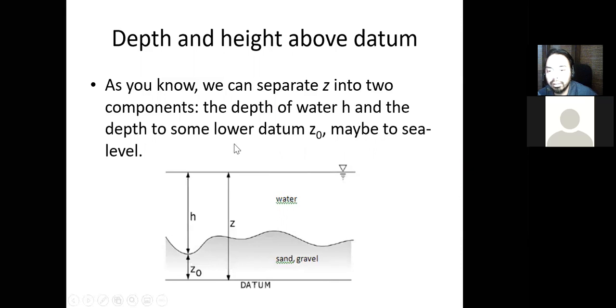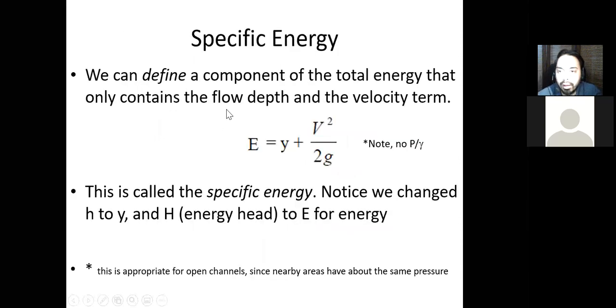So this is to account for the changing of the depth. Now we can use this specific energy concept. This is the component of the total energy that only contains the flow depth and the velocity term. So it's actually based on the same Bernoulli equations, but we express it as specific energy.